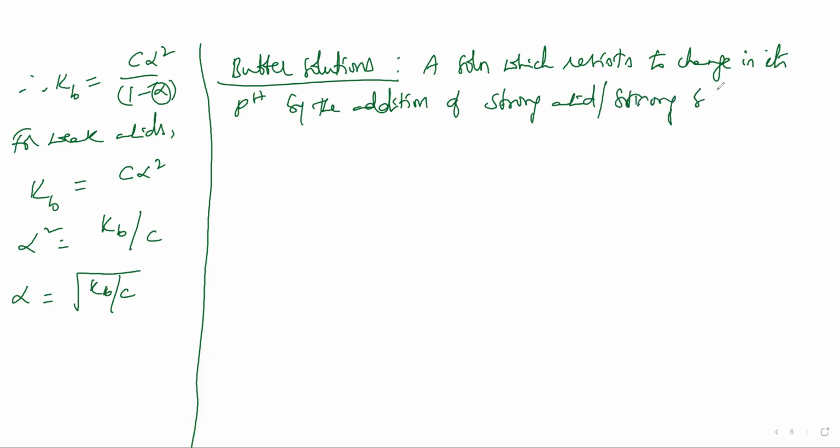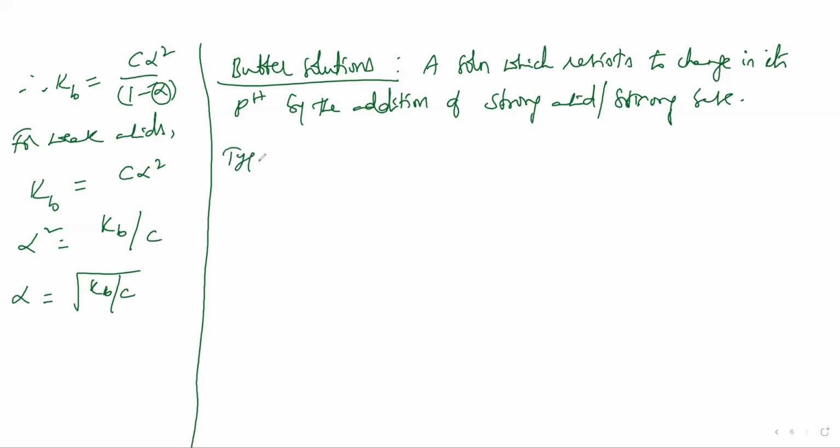If you add a strong acid or strong base to any substance, then definitely the pH should change. But this buffer solution resists change in its pH. That means it does not allow its pH to change even if you add strong acid or strong base. Such a solution is called buffer solution.